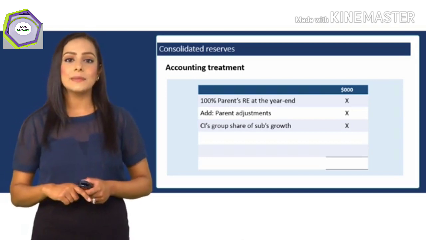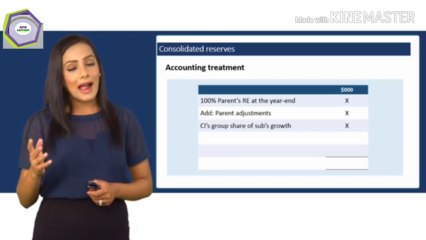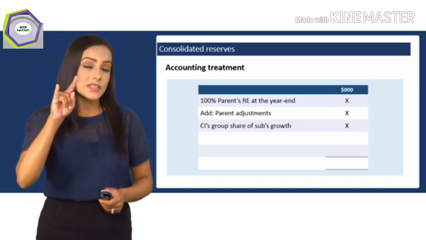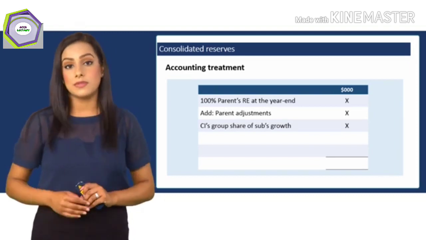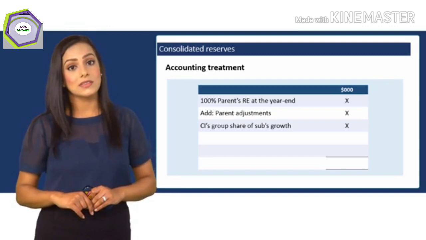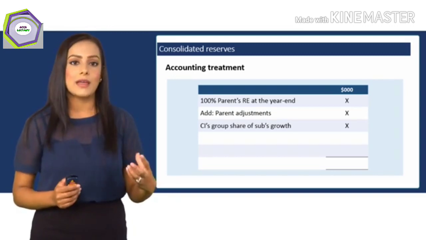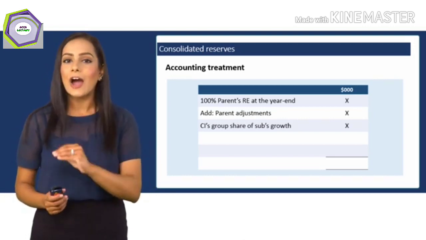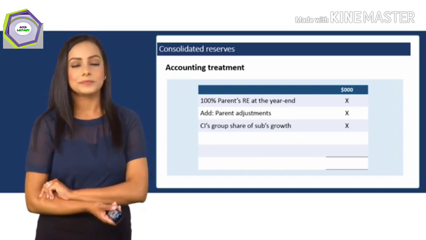The net assets table shows the subsidiary's assets at two points in time, at the date of acquisition and at the date of consolidation. The difference between these two represents the subsidiary's growth. And we take that growth and multiply it by the controlling interest percentage. It shows how much of the sub belongs to the parent.